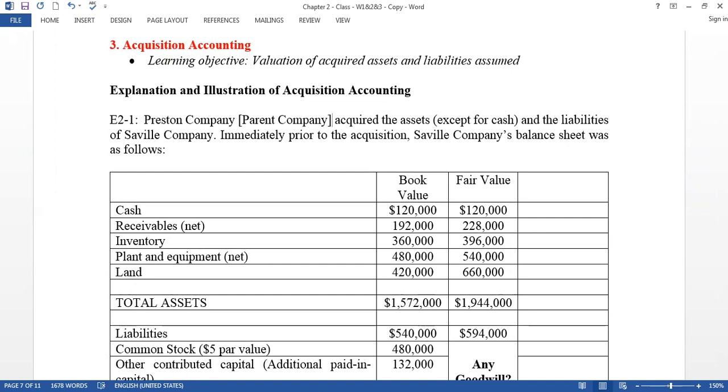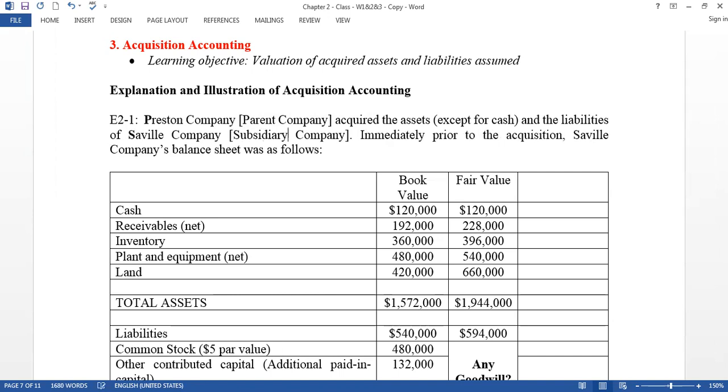So in the exam question, I also try to write a parent company starting with P and a subsidiary company starting with S, so that you can easily differentiate. So I will try to do that. Parent company starts with P and subsidiary company starts with S.